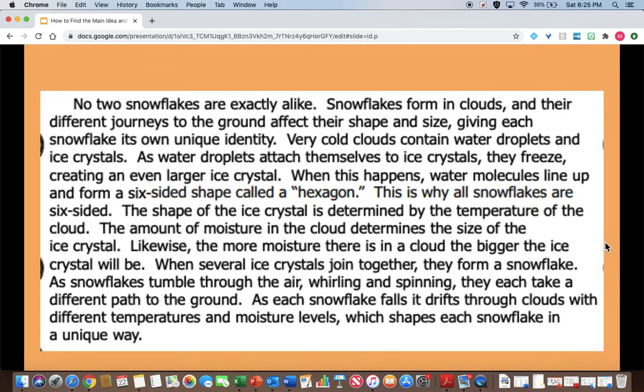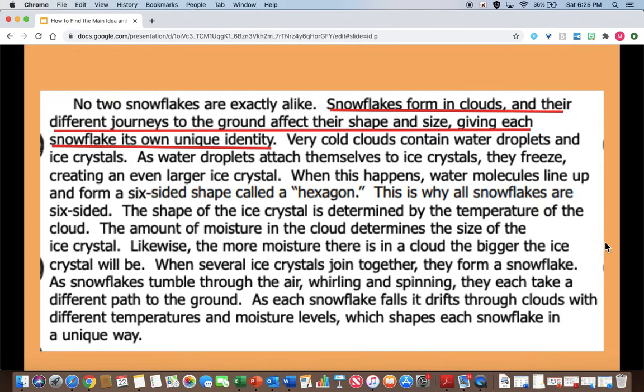So I have this article about snowflakes, and I went through and read the article. Then I went through and underlined what I knew was the main idea. And again, usually the main idea is at the beginning or the end of your article or your paragraph.